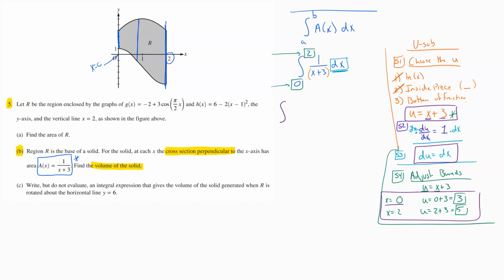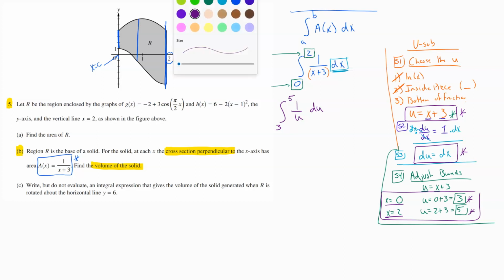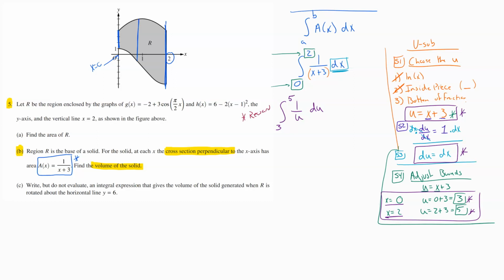So x equals 0 is going to become 3. x equals 2 is going to become 5, and then I've got 1 over, and all that stuff on the bottom is now u, and then dx becomes du. At this point in the process, usually if you clean the thing up, ideally you get it down to a problem that is now something you do know how to take the antiderivative of. I call this your reward for all your hard work, a brand new math problem.